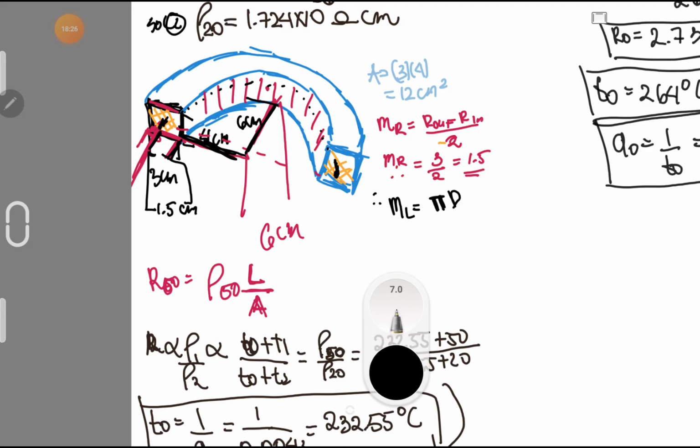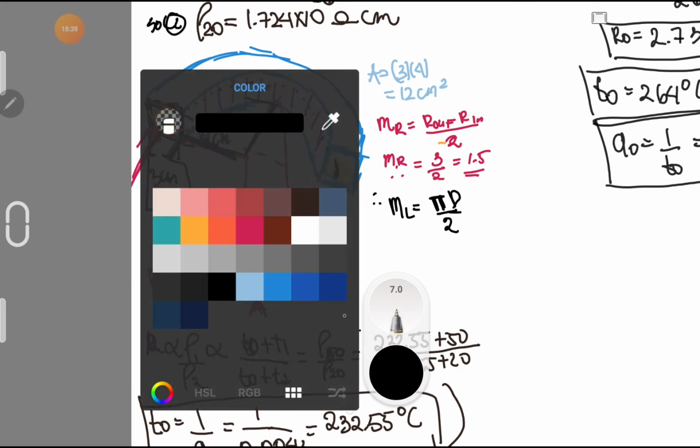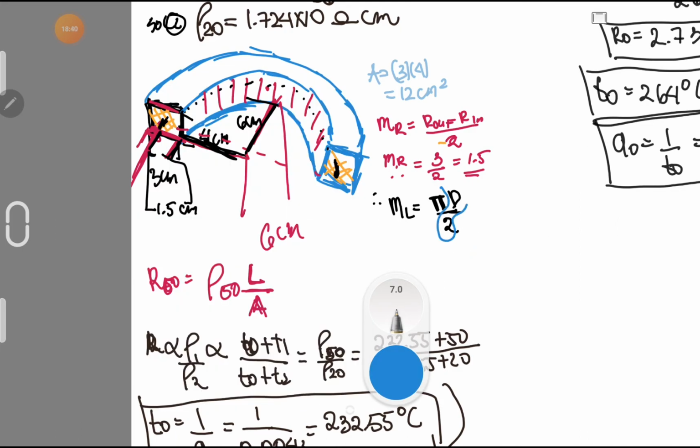Pi d yan pag circle, di ba? Pero since same circle siya, so pi d divided by 2. But we all know that d over 2 is just your r. Yan. So yan yung magiging pi multiplied by our r median.